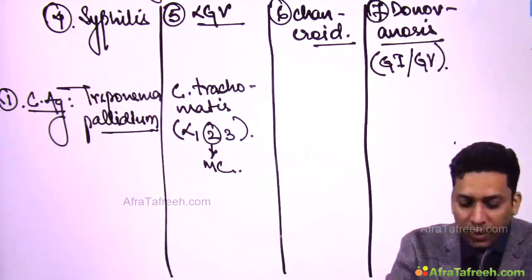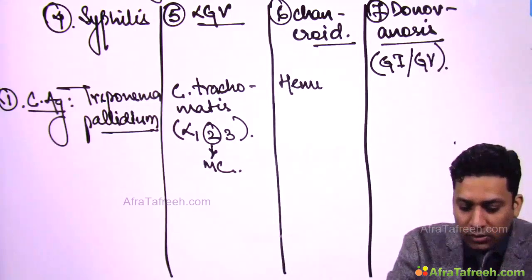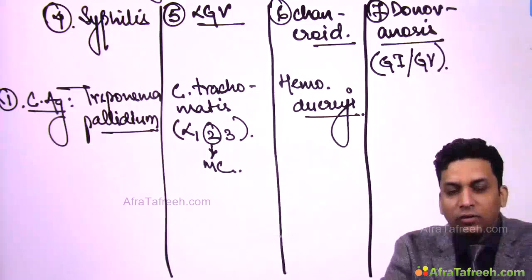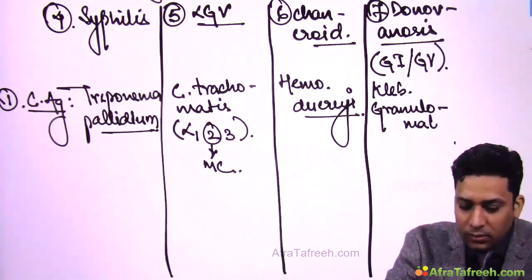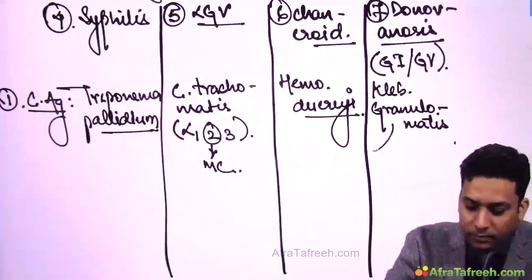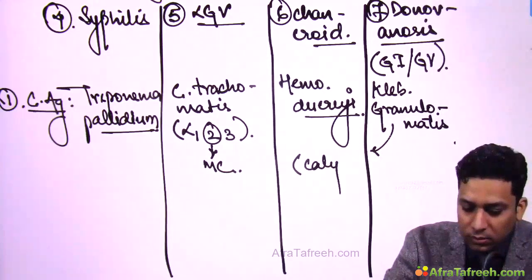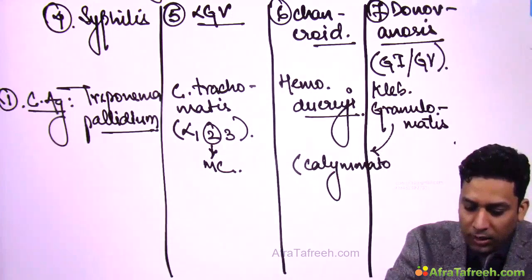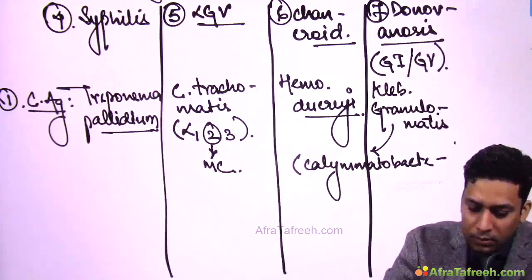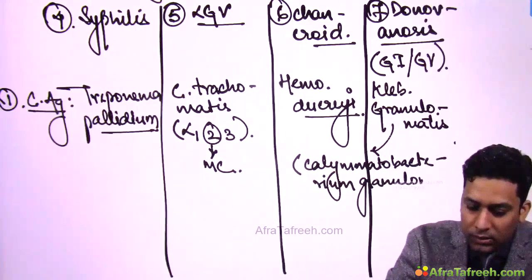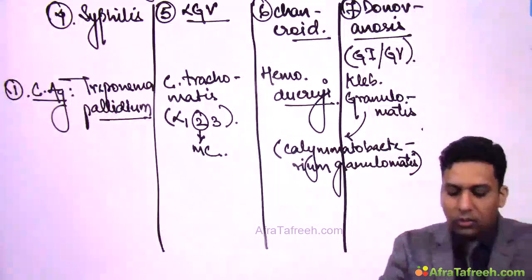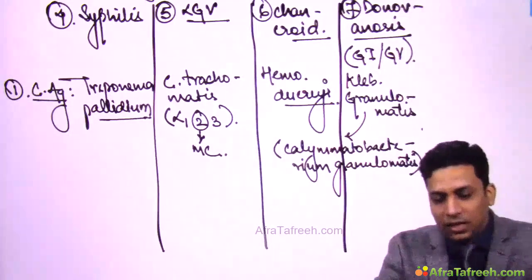Then chancroid is caused by Haemophilus ducreyi, and donovanosis is caused by Klebsiella granulomatis. The old name of this bacteria was Calymmatobacterium granulomatis, now known as Klebsiella granulomatis.